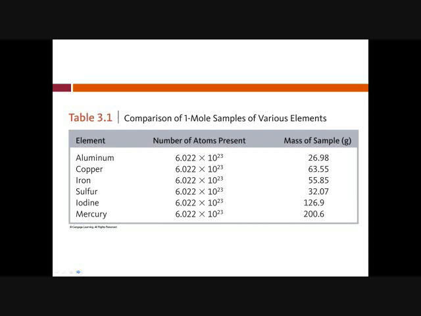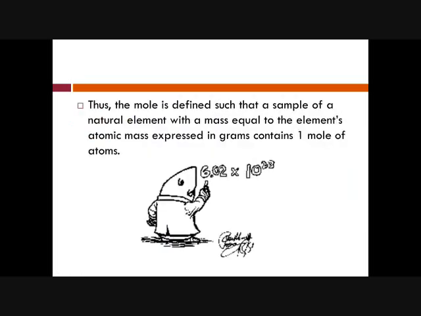They are also known as the mass number or atomic mass. This table just has a bunch to compare. Thus the mole is defined such that a sample of a natural element with a mass equal to the element's atomic mass expressed in grams contains 1 mole of atoms. That's where we get the unit grams per mole.